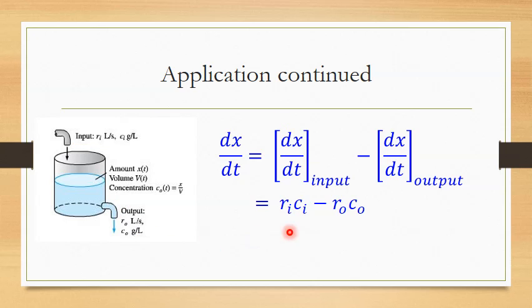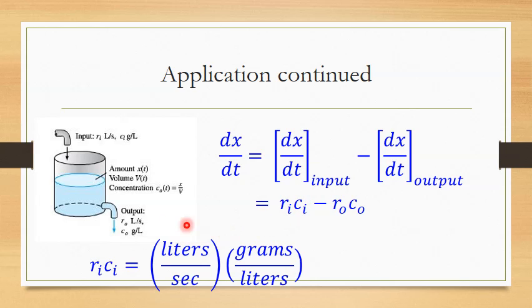The way we do that is we look at an expression like here, where Ri is the rate of flow in, Ci is the concentration of the material in, and then the rate of flow out and the concentration of the flow going out. Well, how do you figure these out? We have to know a little bit about flow rate and how to calculate a concentration of an element in there.